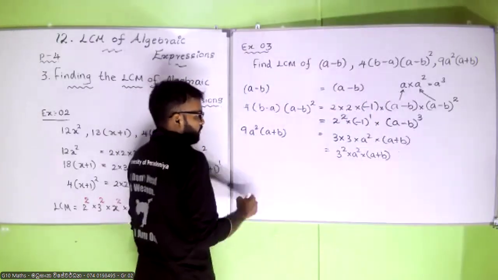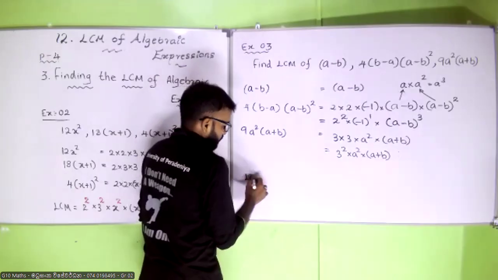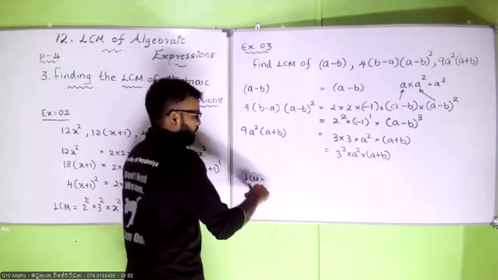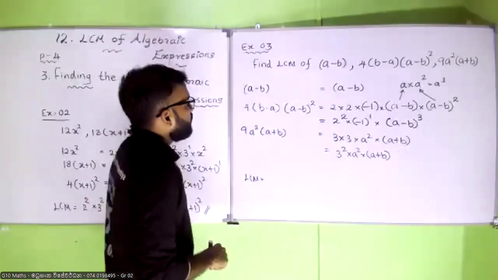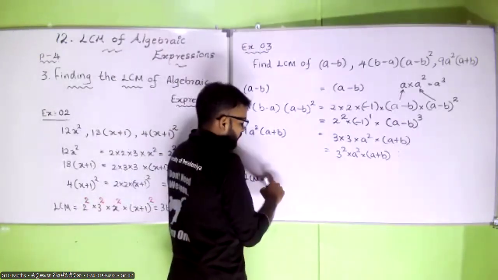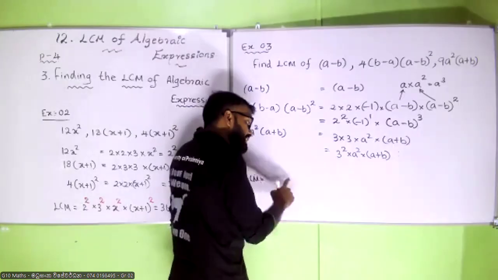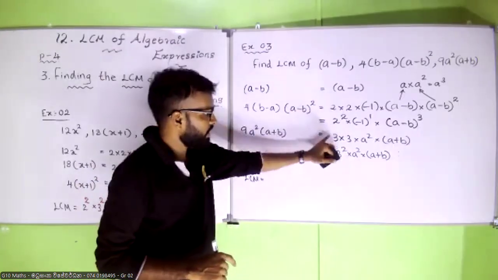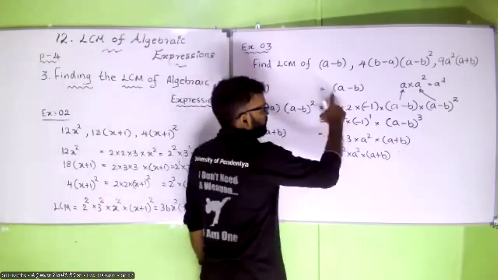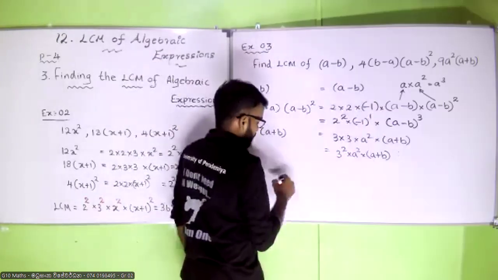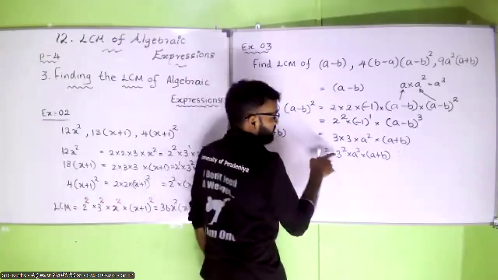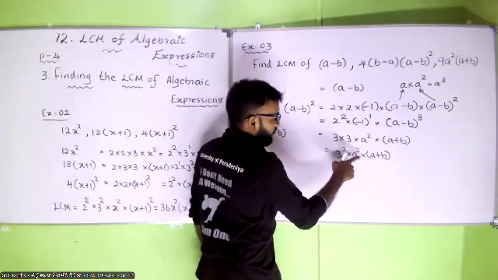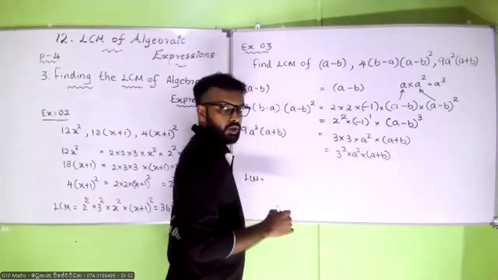Right. So now LCM is equal to what? You have to identify the different factors, distinct factors, by looking at this and this and this. Before that, let's identify what the values are: 2, 3, minus 1.